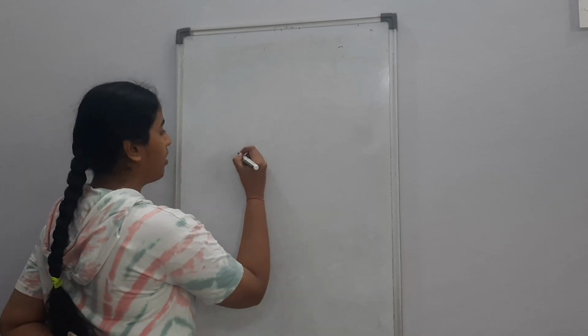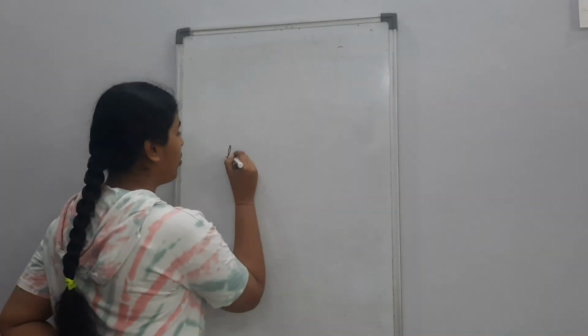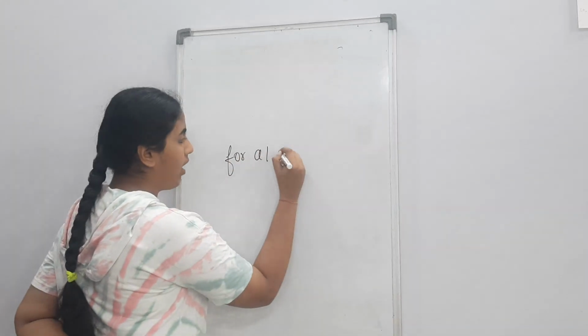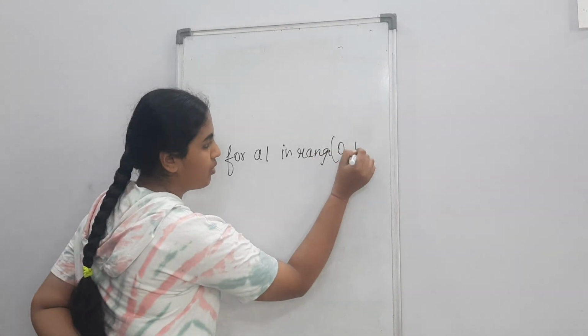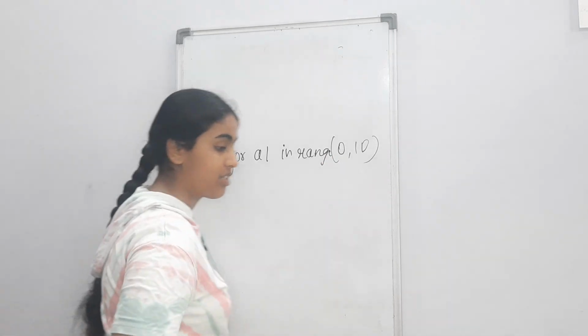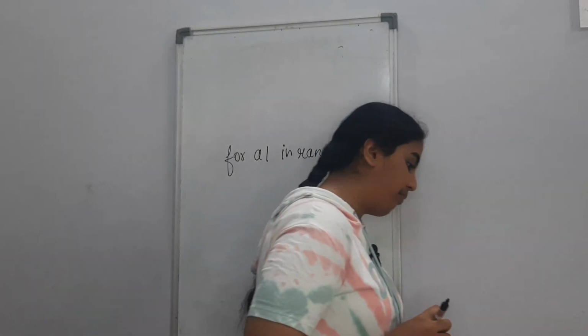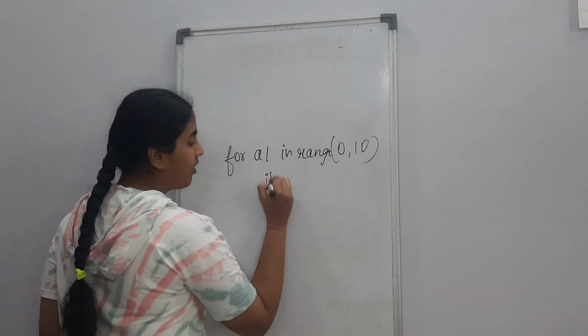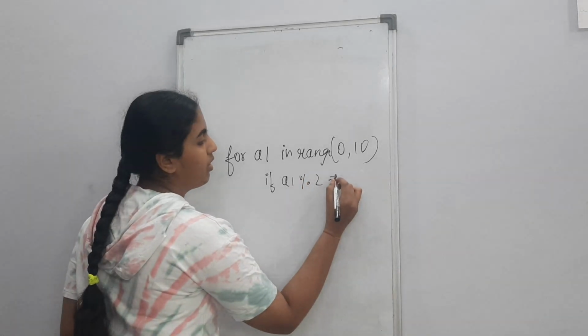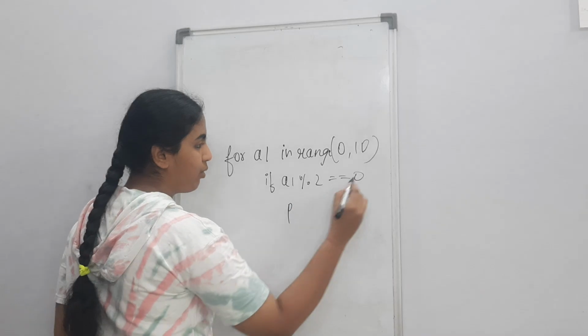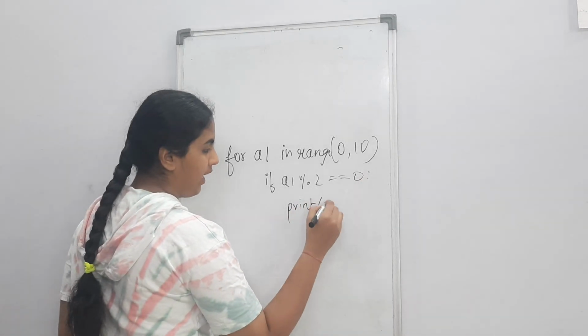Right? So, if I were to give you a very simple example, let's say we were running a for loop. If I write for A1 in range 0 to 10, this is a start value, this is a stop value, and I were to write if A1 mod 2 equal to 0, then we have to print A1.